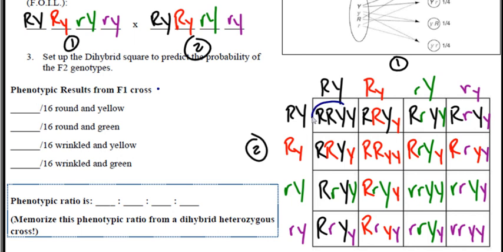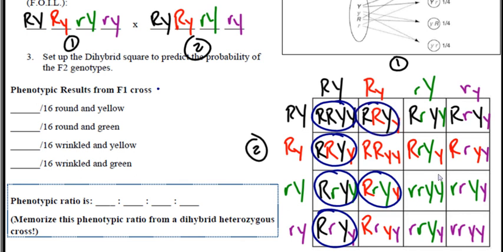So I see that right here. 1, 2, 3, 4, 5, 6, 7, 8, 9. So 9 are going to be dominant and dominant.